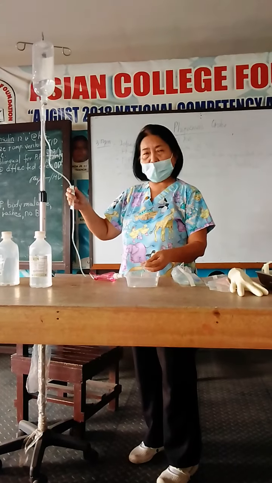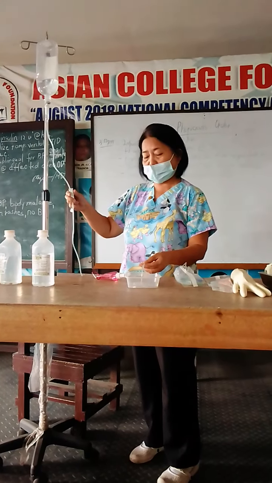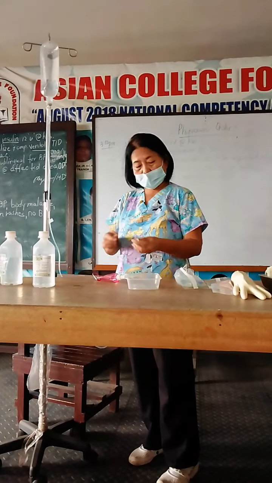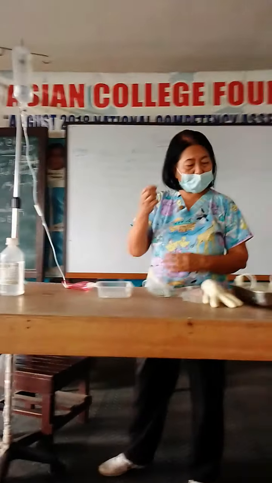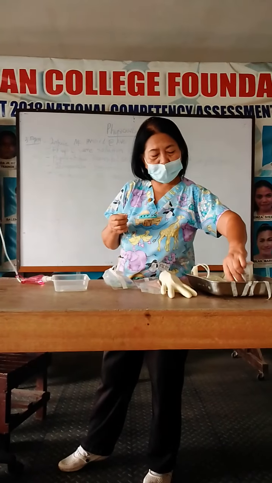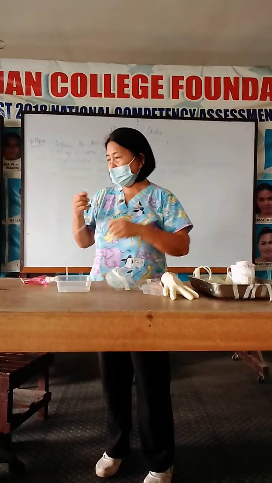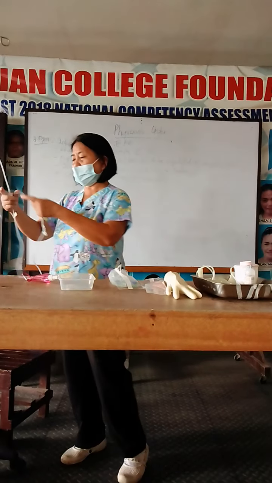Air emboli is one of the complications of venoclysis therapy. When you close it, then after that, you replace the cap to maintain the sterility, and you just put it like this here.